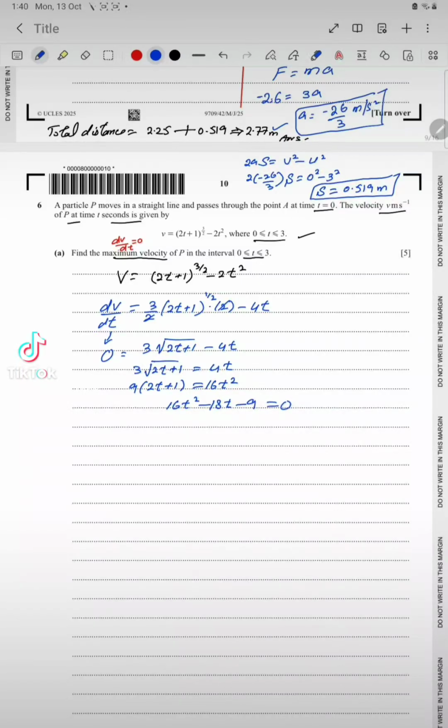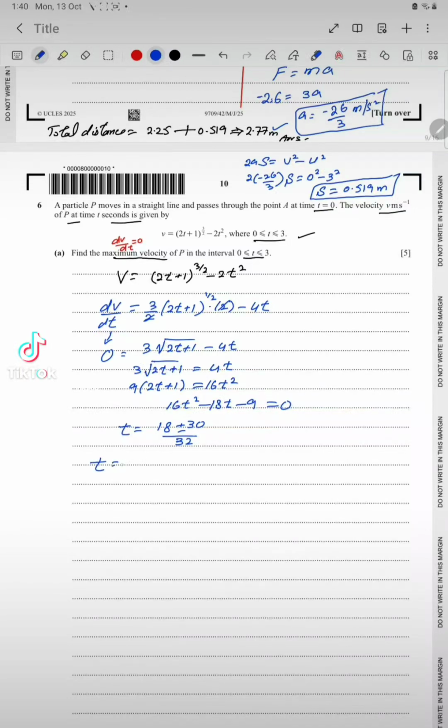This is a quadratic equation with respect to the variable t. Here you need to find t, and that must fall between 0 and 3, right? With a calculator or factorization or any method you can use, we have t is equal to 18 plus minus 30 by 32.